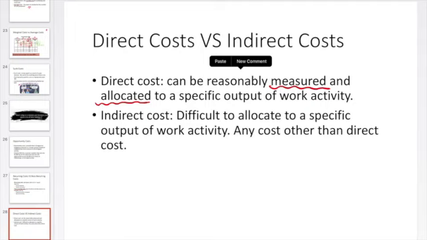It's hard to say because everything is combined or integrated together. He just managed the whole line. So those are the costs that are hard to allocate to a specific output, and we call them indirect costs.